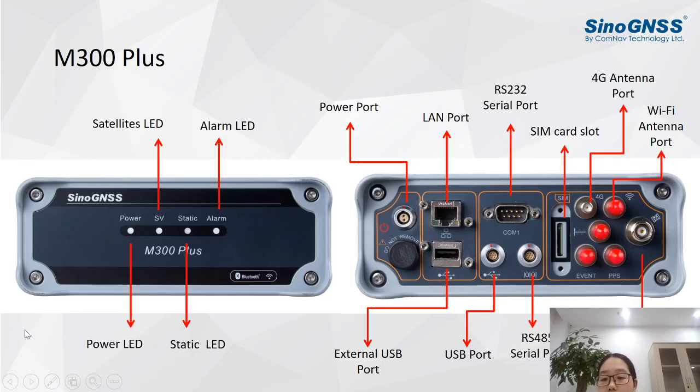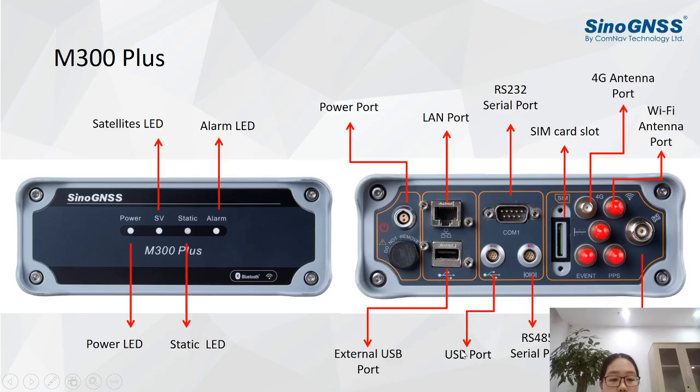On the front panel there are 4 LEDs showing the power, satellite lines, static and alarm, and on the rear there are many connections. The power port, LAN port, serial port connect to the main board, and the SIM card antenna, Wi-Fi antenna, and external USB port.